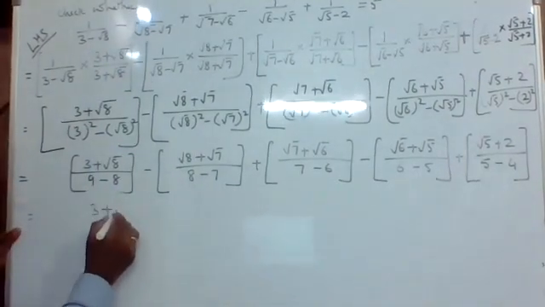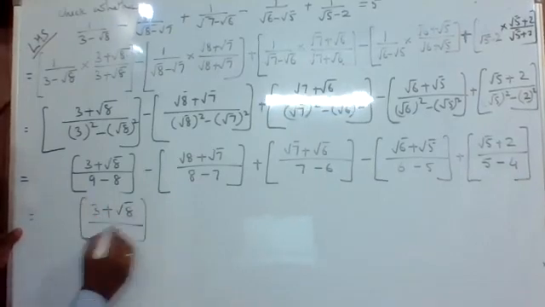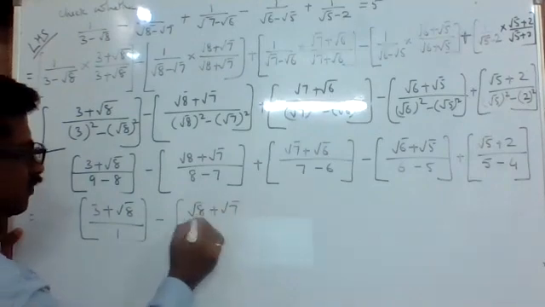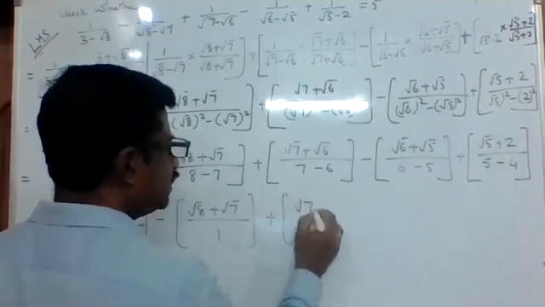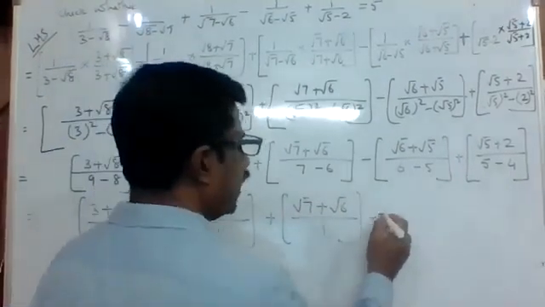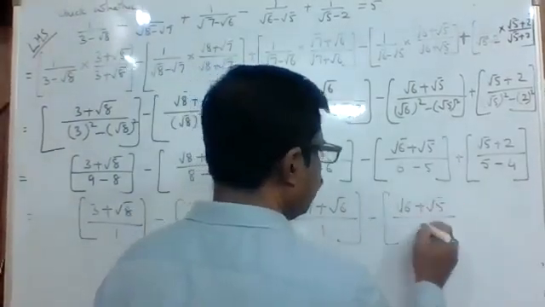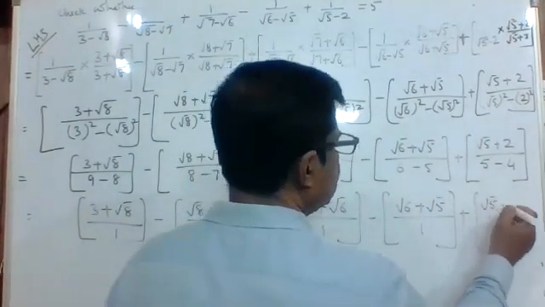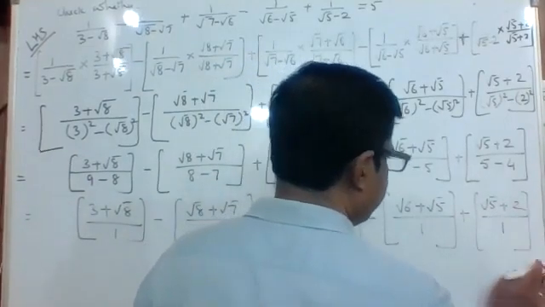This is 3 plus root 8 upon 9 minus 8 is 1, minus root 8 plus root 7 upon 1, plus root 7 plus root 6 upon 1, minus root 6 plus root 5 upon 1, plus root 5 plus 2 upon 5 minus 4 is 1.